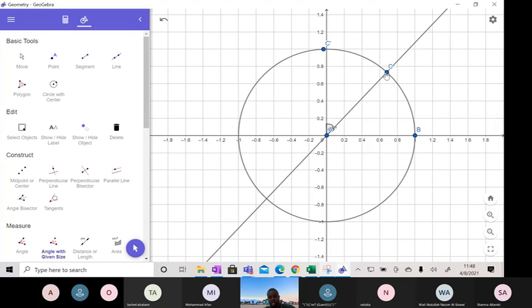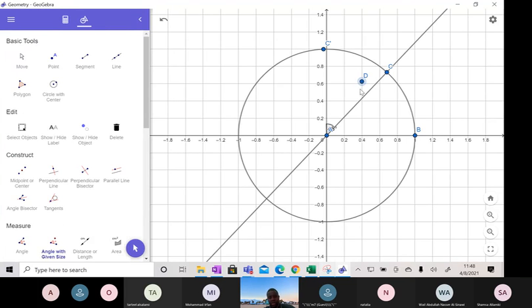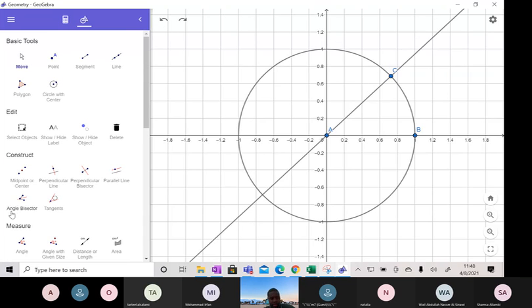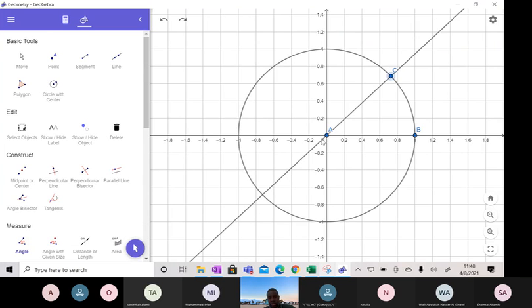Okay, but it's picking the wrong thing. Oh, I'm doomed now. I just have to go and find it, because it is taking a lot of my time. Select 3 points or 2 lines. Yes, I select here, and here. Okay, that's okay.